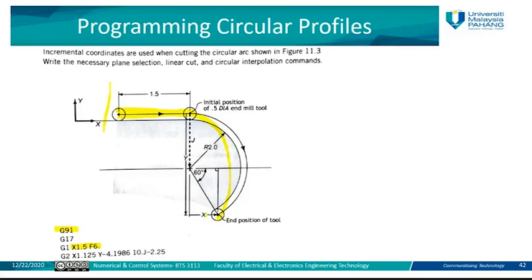So again, you need to calculate the value of x here based on the cosine of this angle. So from cosine 60, you know the value of the hypotenuse here, so you can find the value of this line and that line. So you can write the coordinates. So this is about the program profile.